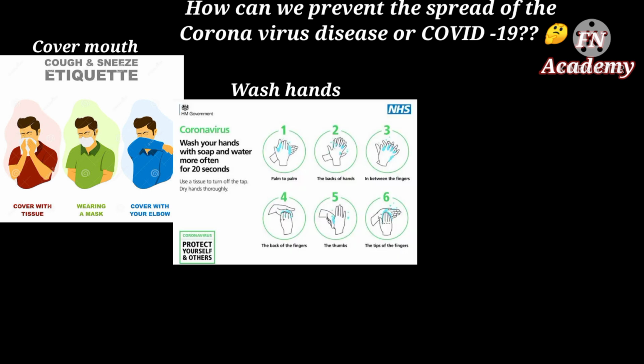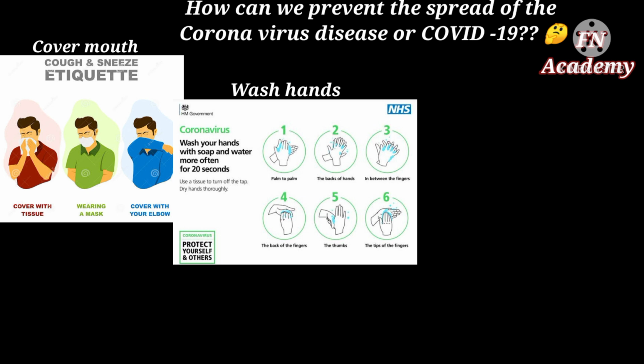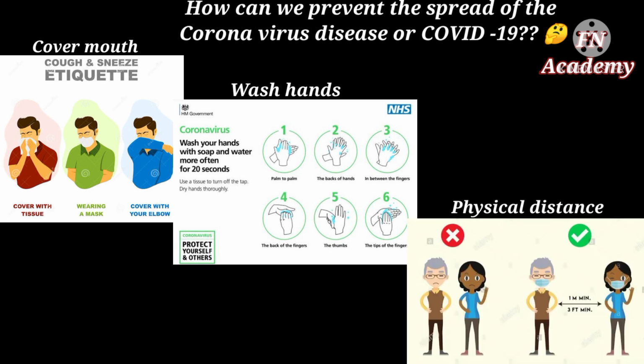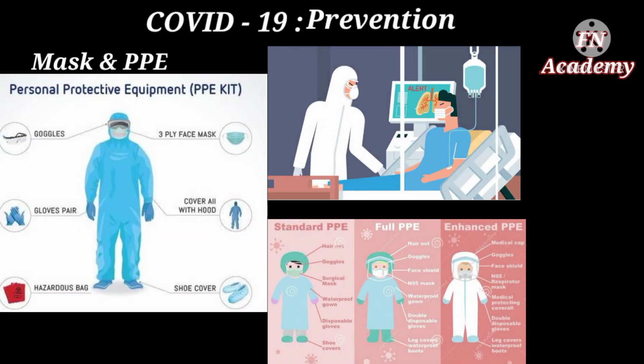And wash your hands with soap and running water when hands are visibly dirty. If your hands are not visibly dirty, frequently clean them by using alcohol-based hand rub or soap and water. And also maintain at least 1 meter distance from people, and properly use masks and personal protective equipment, especially in health settings.